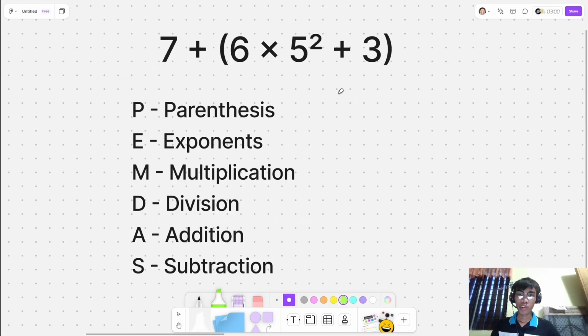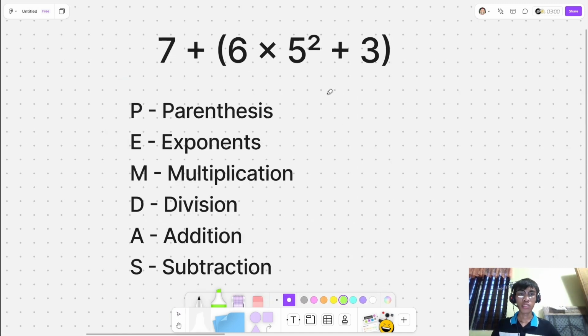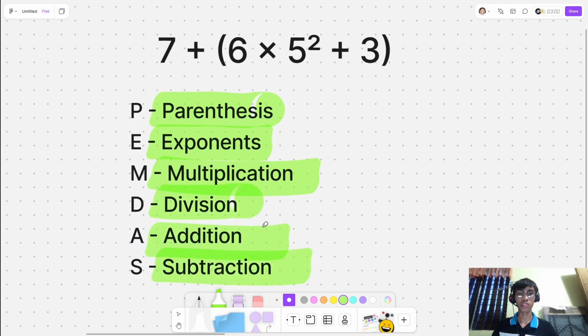So now we're gonna move on to the order of operations with PEMDAS. PEMDAS stands for parentheses, exponents, multiplication, division, addition, and subtraction. This is a rule in solving complex math problems where you start with the numbers in a parenthesis and then take care of the exponents if there exists one.